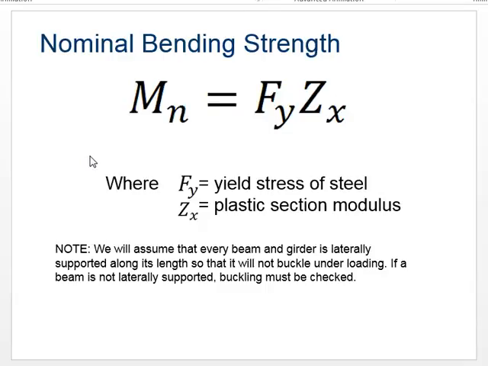This may look like a new formula, but remember, moment equals force times distance. So it's the same thing, but we're just using some different ideas here. This is the nominal bending strength that we saw on the last slide. This is the yield stress, which remember is just force divided by area, and the plastic section modulus.